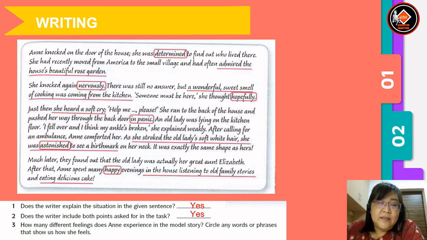The answer is yes. How many different feelings does Anne experience in the model story? So there are 6 different feelings. So let's look at the words that show us how she feels. The first one we have is determined, second we have nervously, then we have hopefully, then we have in panic, next is astonished, and the last one is happy.